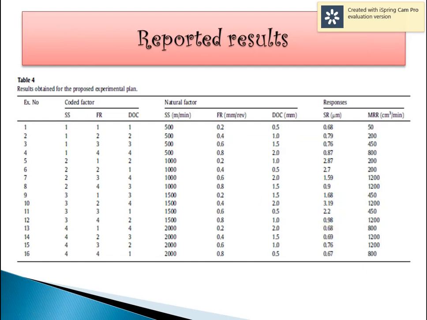So they used the L16 orthogonal array table to perform their experimentation. Based on Taguchi's L16 orthogonal array table, they designed and conducted the experiment and obtained results for surface roughness and material removal rate. Okay, for all the 16 experiments, they have reported the obtained output values for surface roughness and material removal rate.